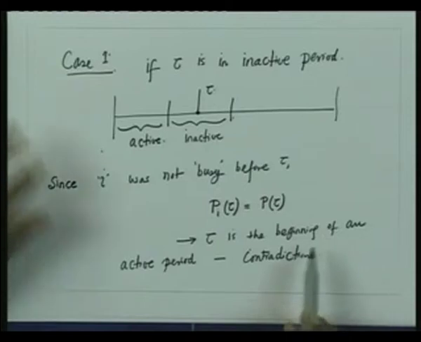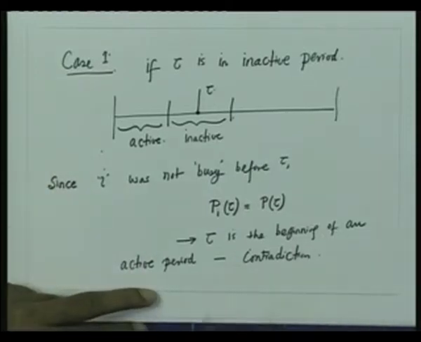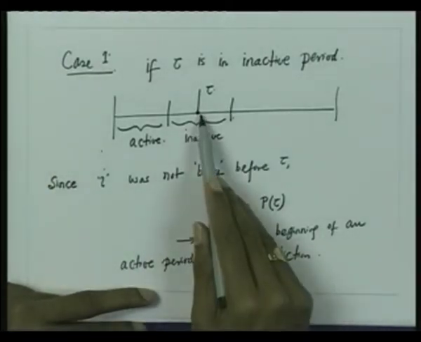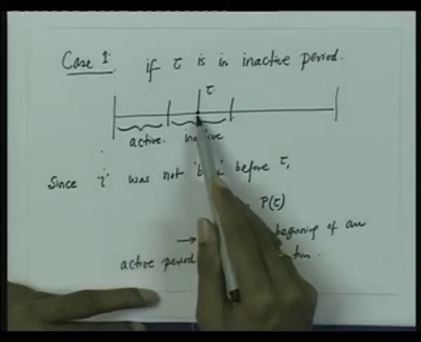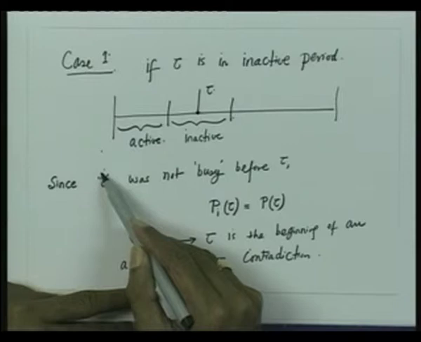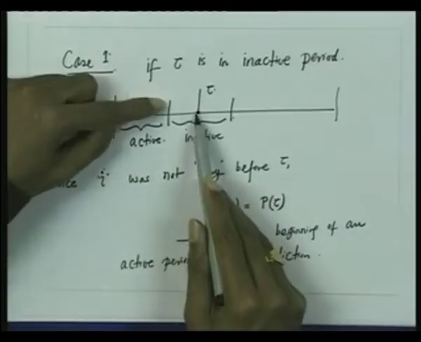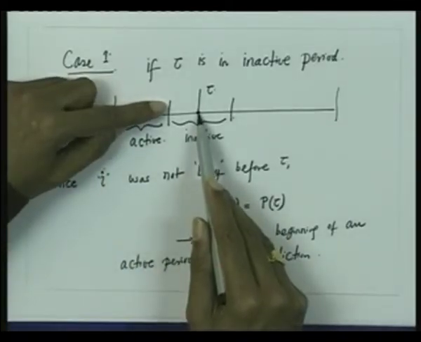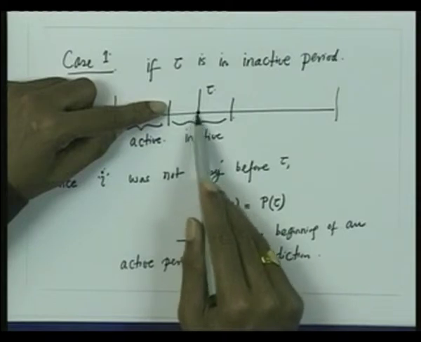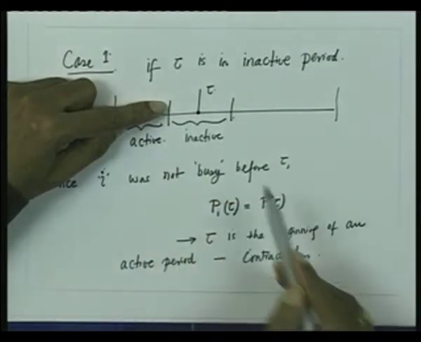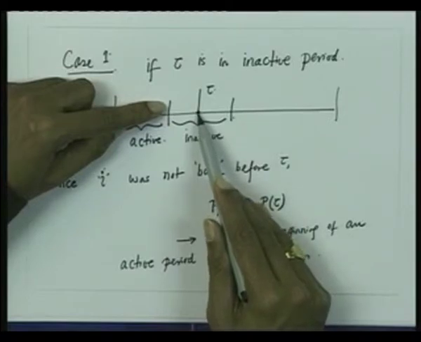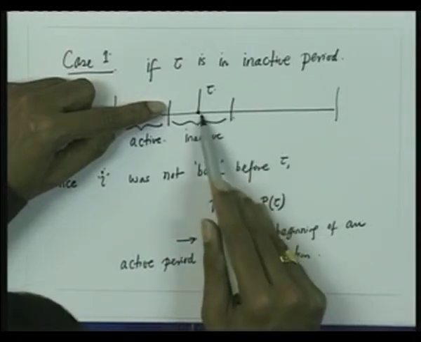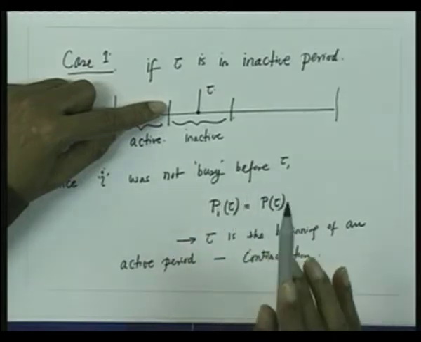So therefore tau becomes the beginning of an active period. Since session i was not busy before tau, it became busy at tau only, and here it was in an inactive period, then the packet must have arrived. So that means the inactive period must end here actually.